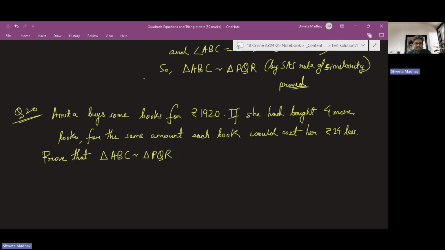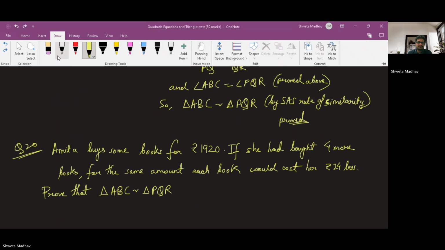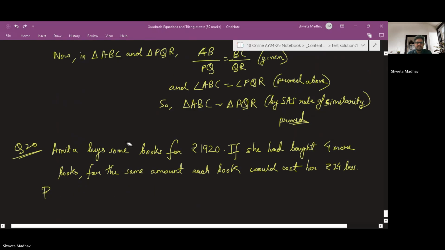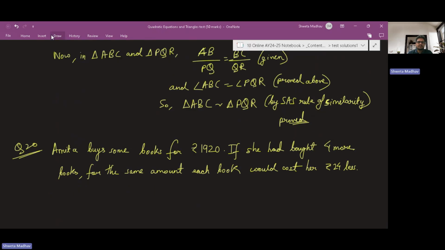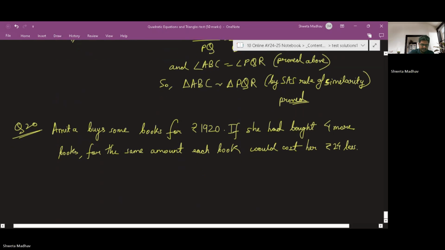Sorry, each book would cost her rupees 24 less.